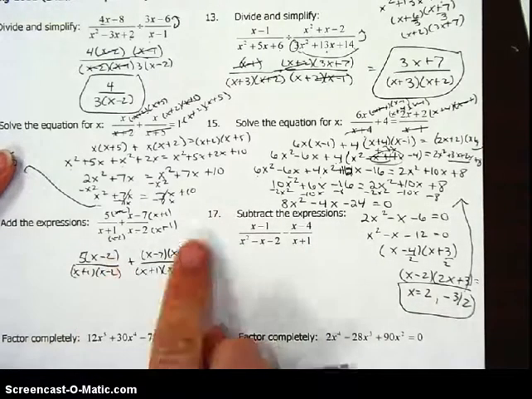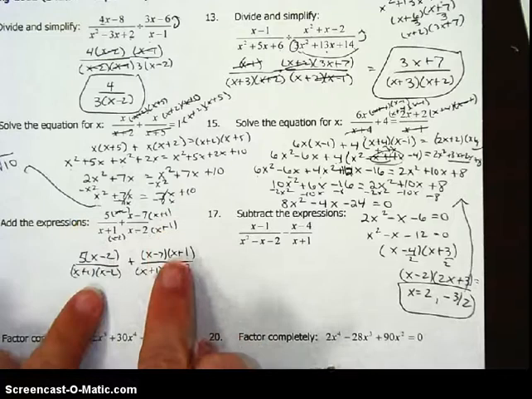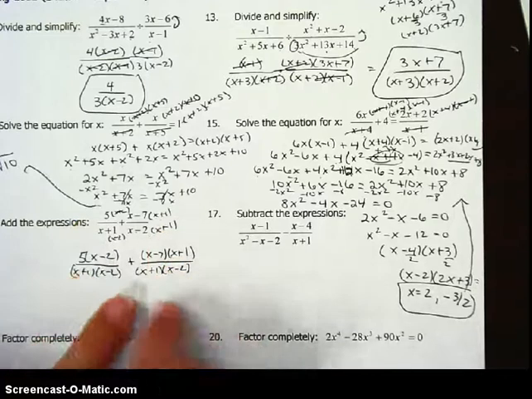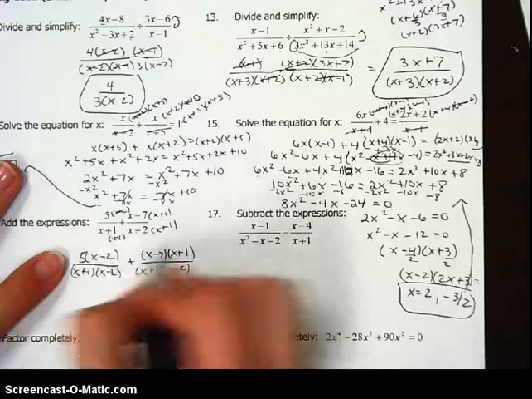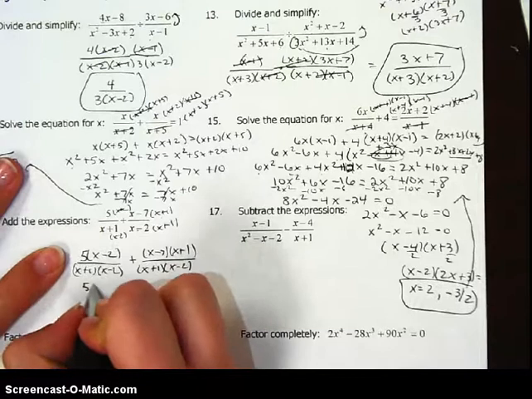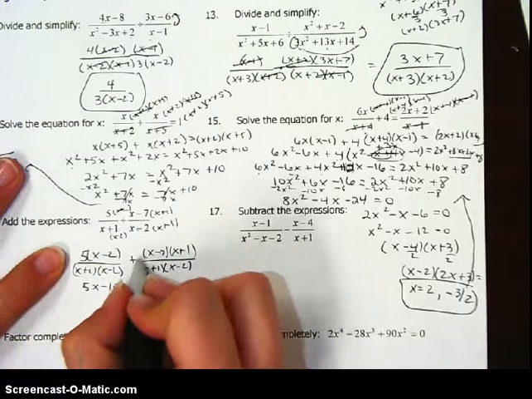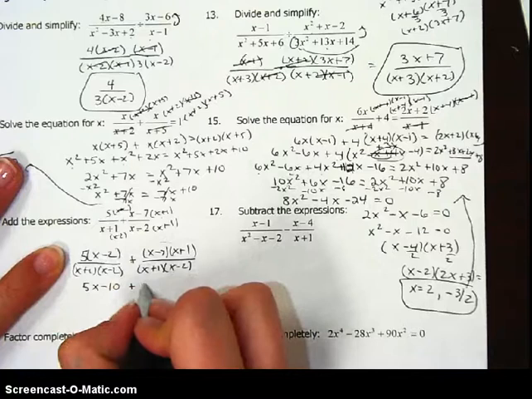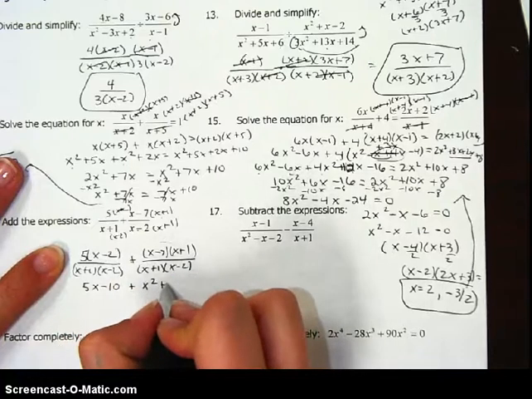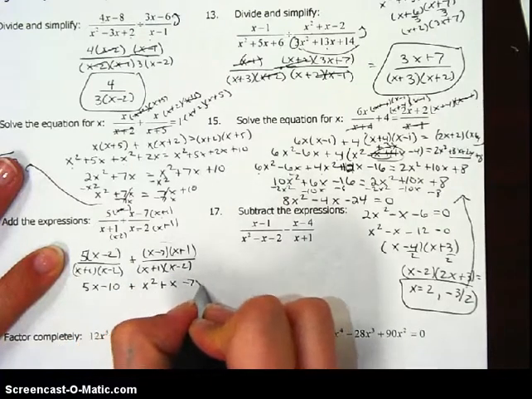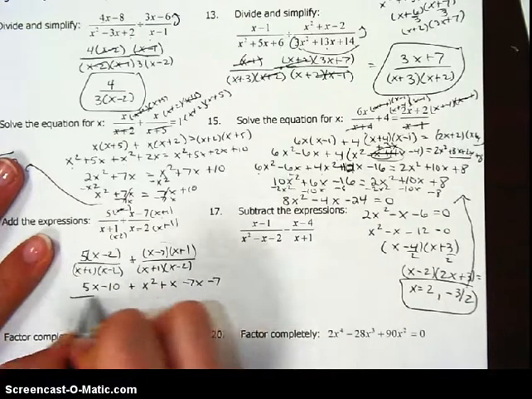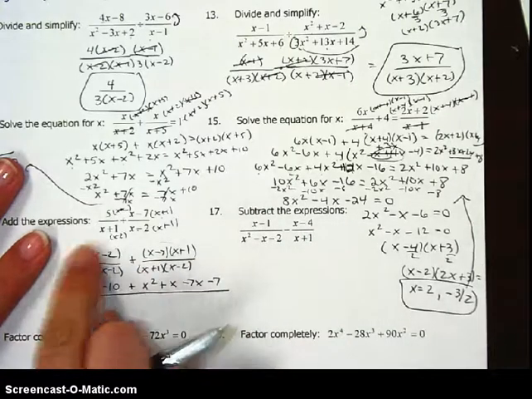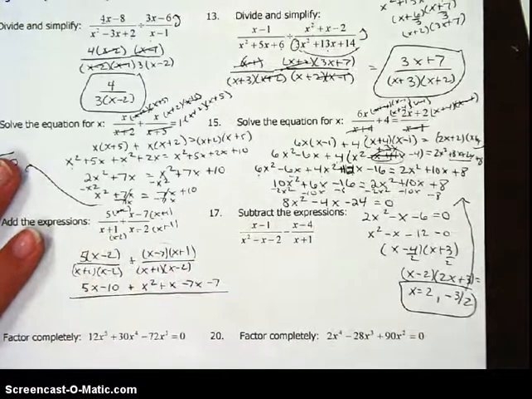Now, we do not want to cancel anything out here, because if we did, we'd go right back to where we started. We want to keep our common denominator so we can actually add them together. So we need to distribute what we have. We have 5x minus 10. If we distribute this over here, we'll have plus, in the middle, x squared plus x minus 7x minus 7, all over... I'm adding them together, so I'm distributing the top and adding together all at the same time.